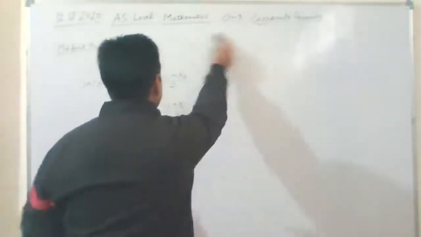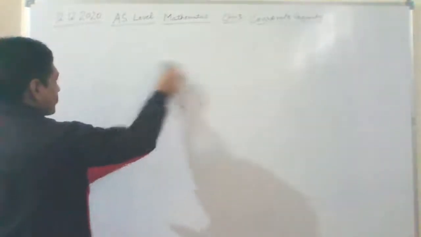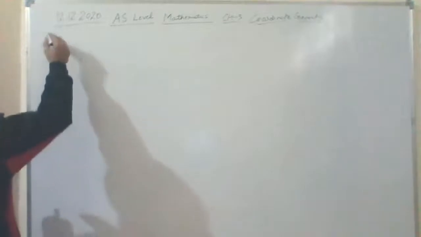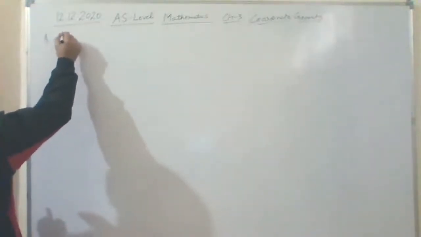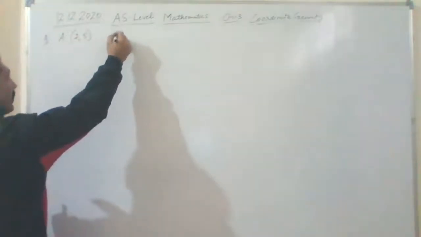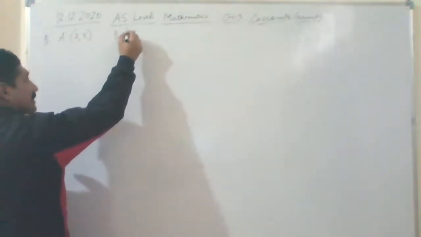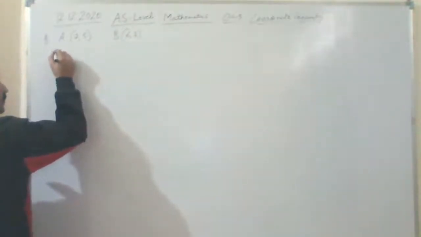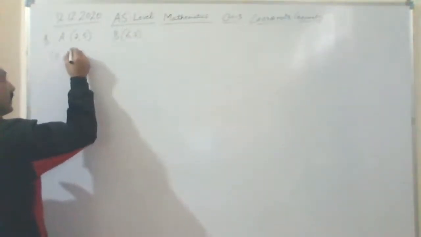Now one question they have discussed, if point A is 2, 5 and B point is 6, 3. So here first, find the gradient.